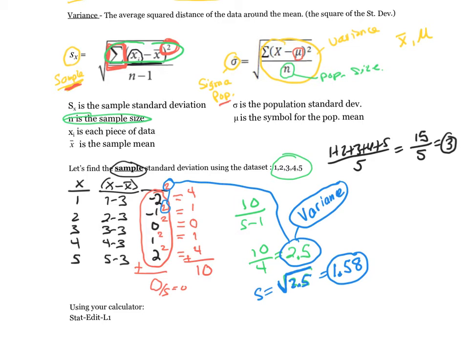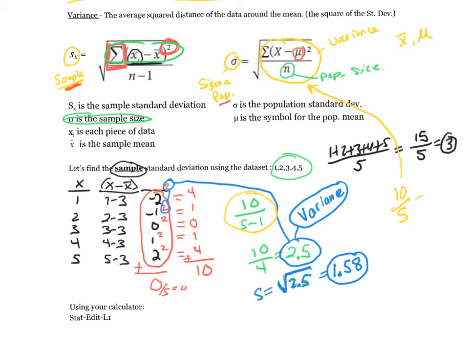The only difference in our calculation, if we had a population standard deviation, is at this step right here. Instead of dividing by 5 minus 1, we would just divide by 5. Because remember, in the population standard deviation equation, we just divide by n.